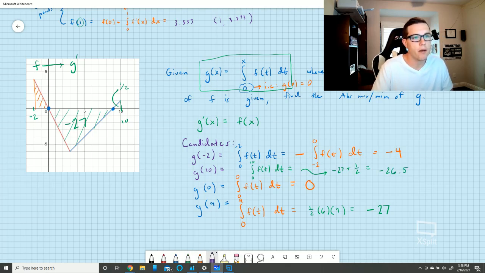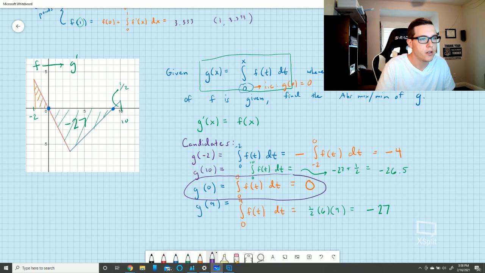We just need to talk about which one's the max. Well, this is interesting. Our max occurred right here. So g of 0 equals 0 was our max. So I would say it this way. The absolute max occurred at x equals 0 with a value of 0, or you can just say g of 0 equals 0 is the max.